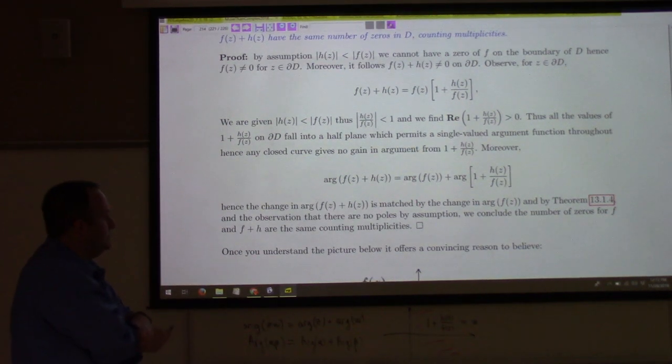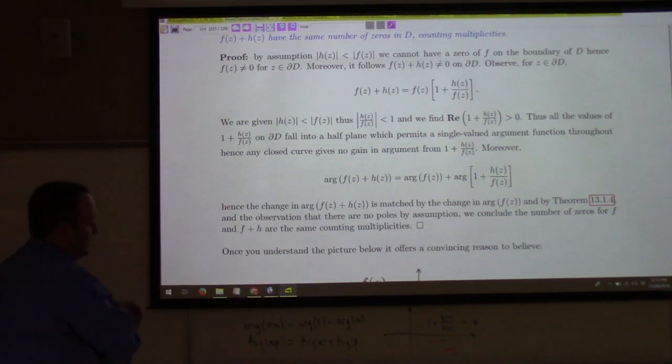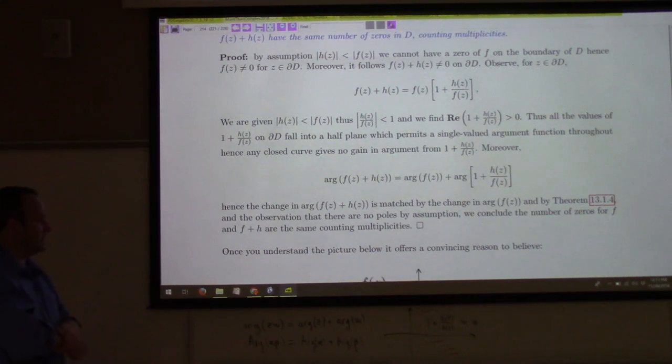But then, since the change in the argument of this is equal to the change in the argument of that, it follows by the argument principle number 2 that they have the same number of zeros. Since by assumption there are no poles, the assumption was that the function is analytic in this context here, so there's no poles. And that's it. That's Rouché's theorem.